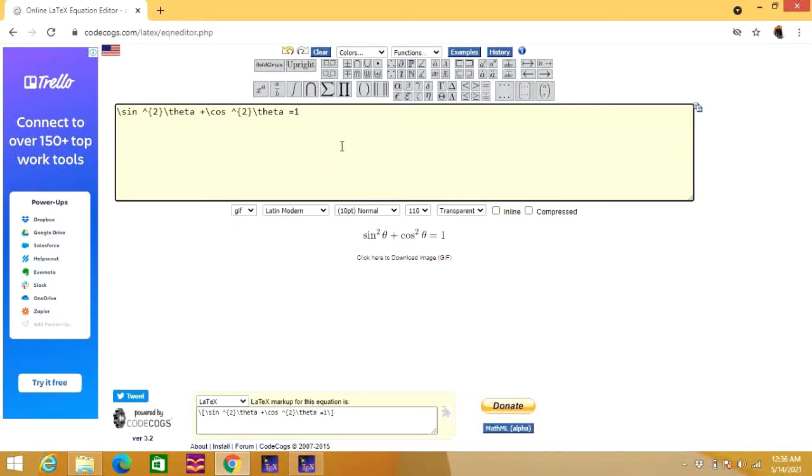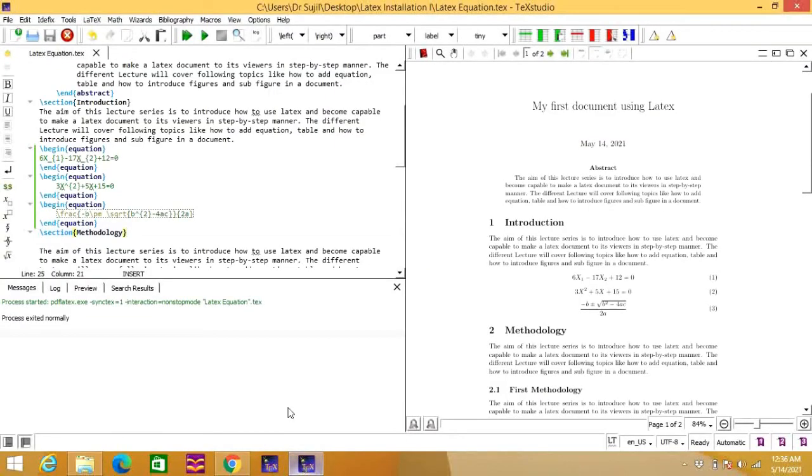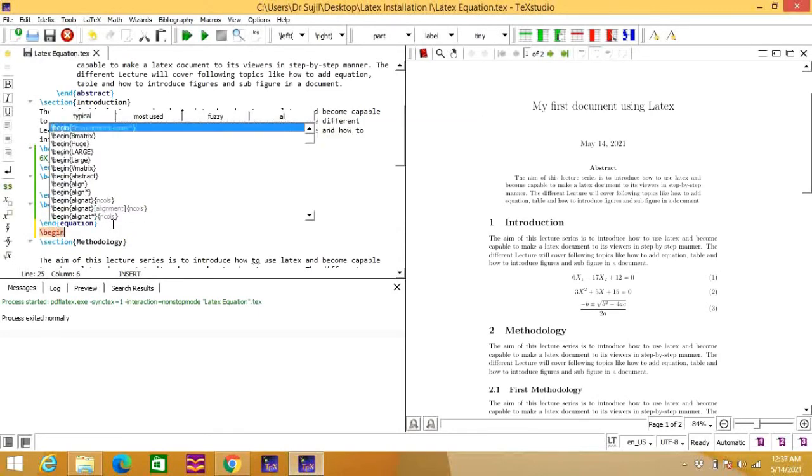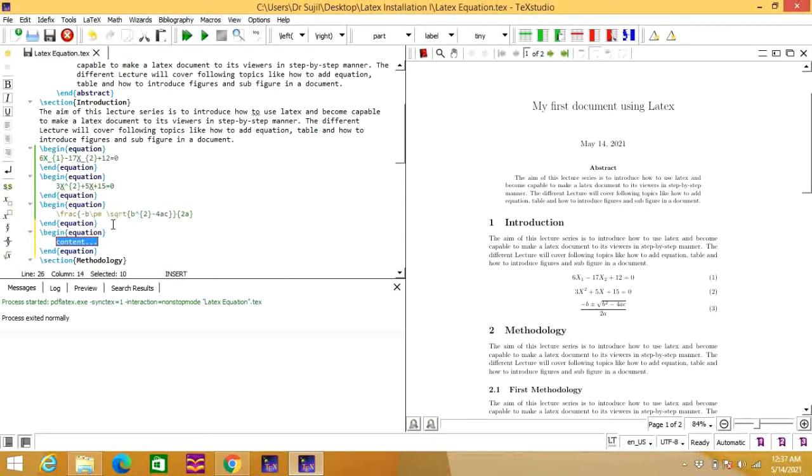So now we will take this code to the LaTeX document and put it inside begin equation and end equation, that is slash begin equation and end equation.